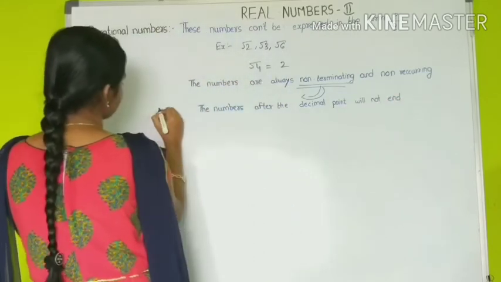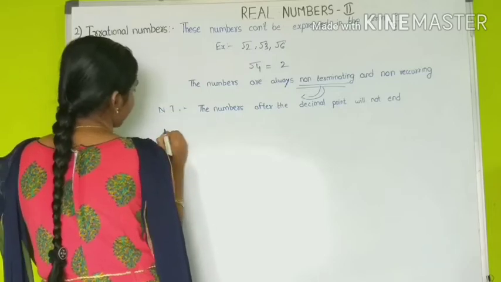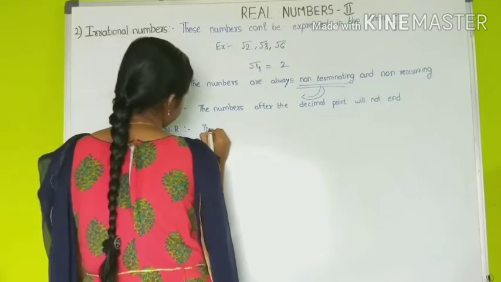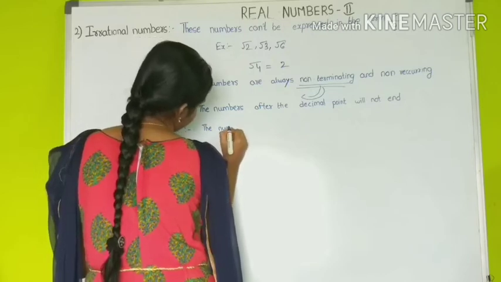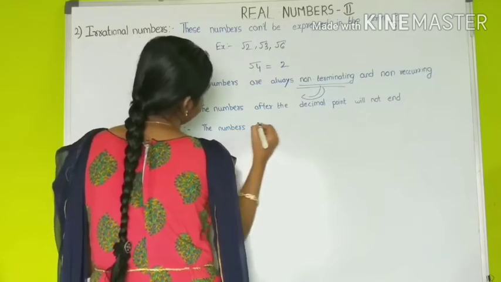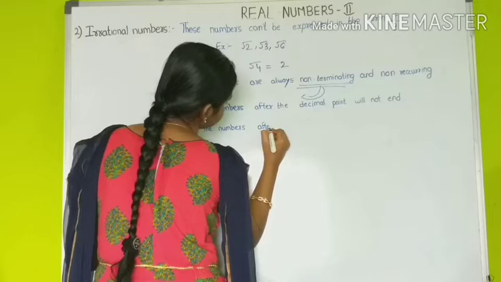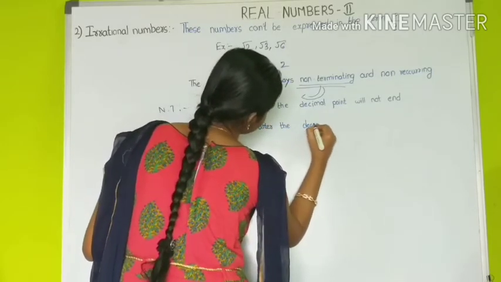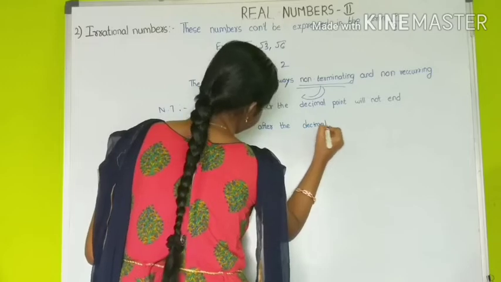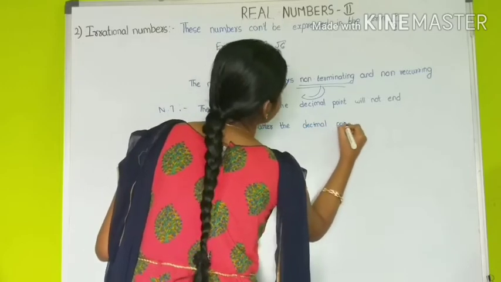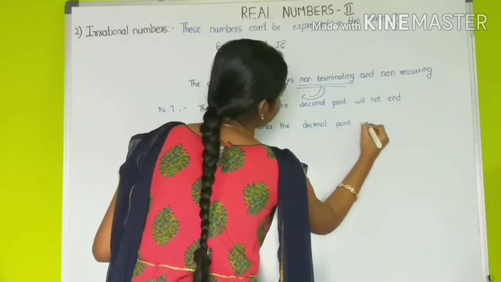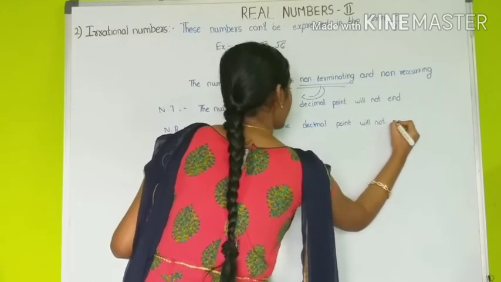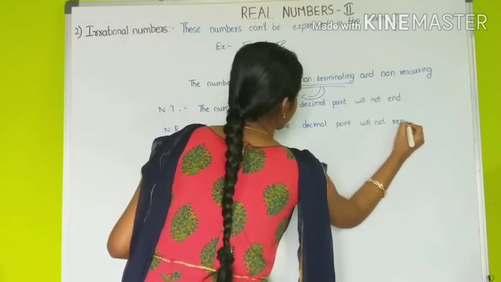And non-recurring means the numbers after the decimal point will not repeat.